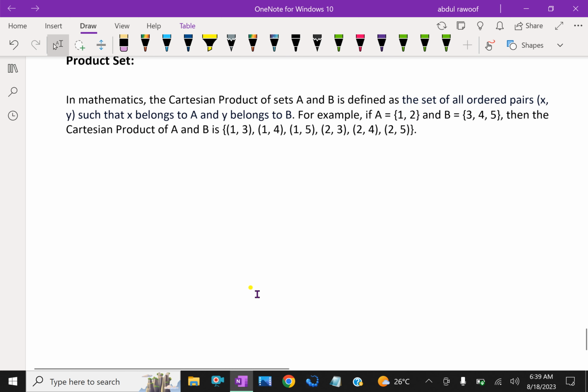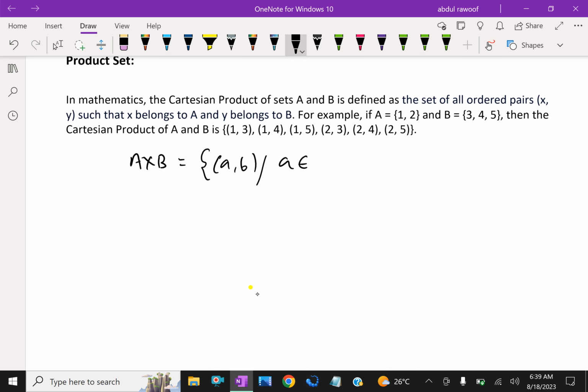Now the product is defined as A cross B. The product relation definition is {(a, b) such that a is an element of A and b is an element of B}.